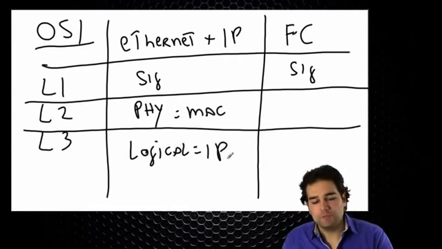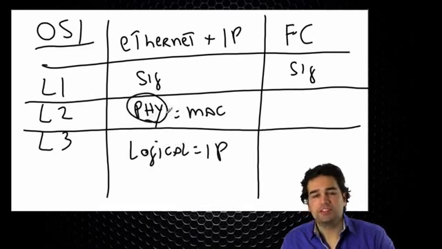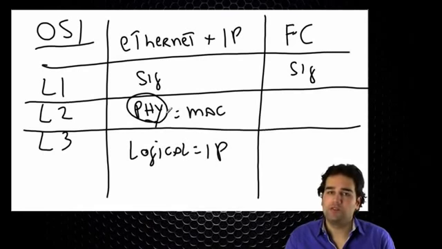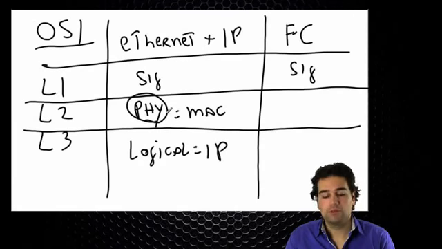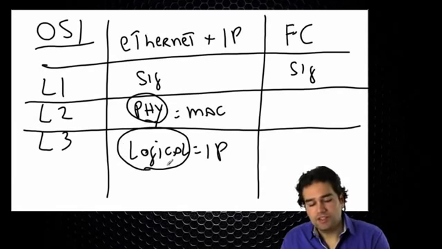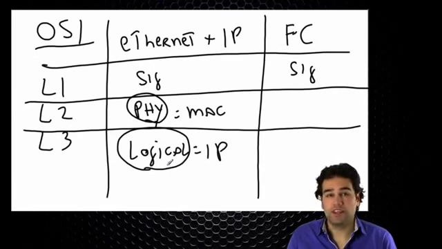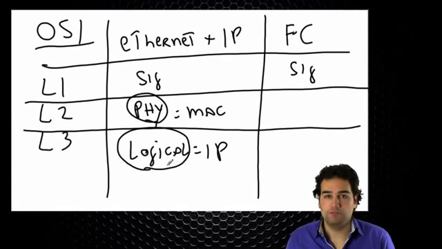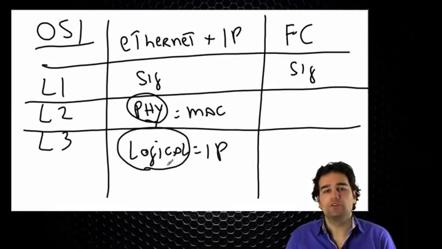This physical address is given to me by the vendor of the network card or the switch port. This logical addressing is something I configure myself, or I get assigned through DHCP. So this is my own configuration that I put on a given port.